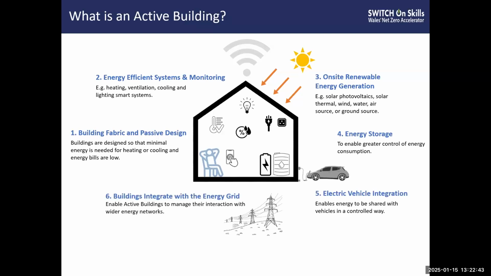And finally, electric vehicle integration. This enables energy to be shared with vehicles in a much more controlled way, and also buildings integrating with the energy grid, as mentioned, so we can manage their interaction with the wider energy networks.